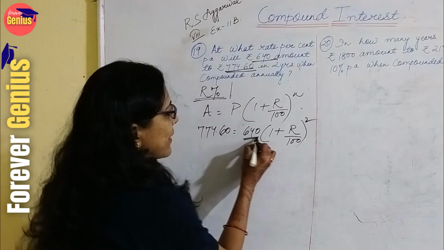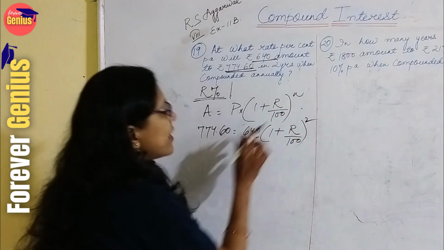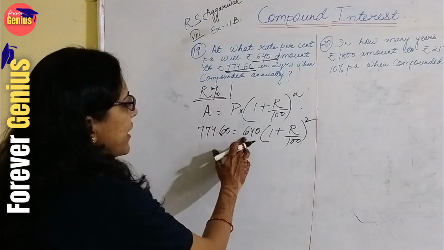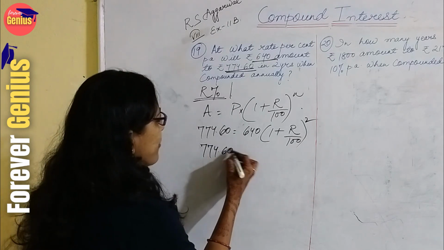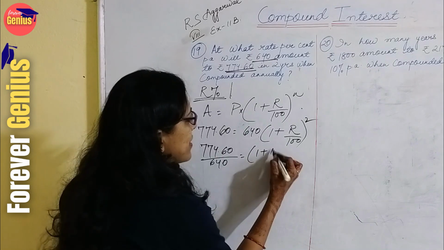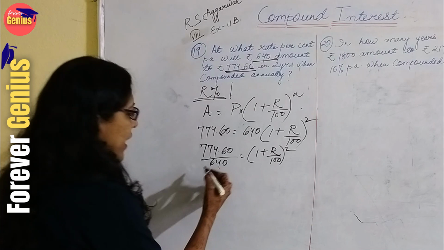Now see, this P is being multiplied with this, isn't it? So when I change the side, multiplication will become division, from right hand side to left hand side. This is equal to (1 plus R by 100) to the power 2.